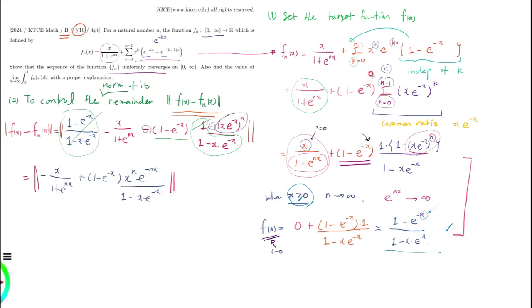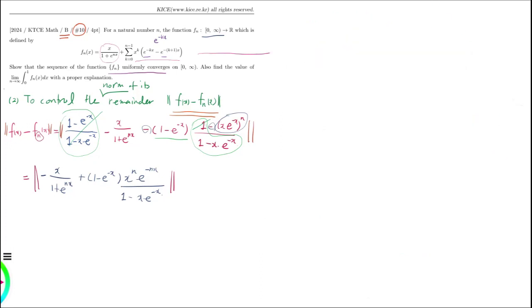So the question is, how do I control this norm with respect to the subindex n here, if uniform convergence is correct? First, I have to deal with this norm by the triangle inequality here.